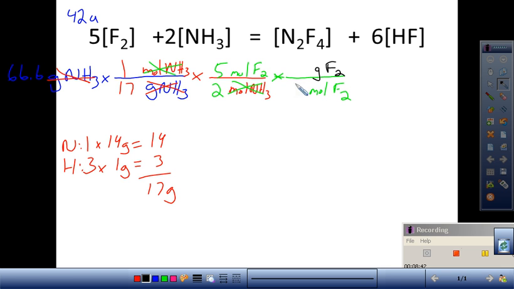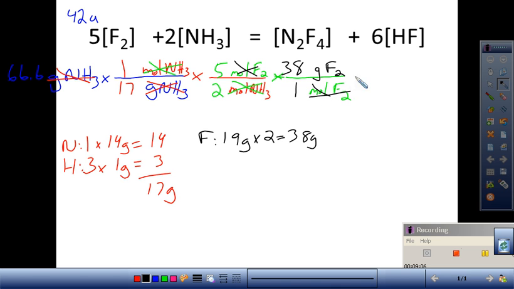Well, how many grams in a mole? Well, there's always 1 mole. I look up fluorine on the periodic table. It has a mass of 19, but there's 2 of them. So 1 mole is 38 grams. That's the molar mass of fluorine.